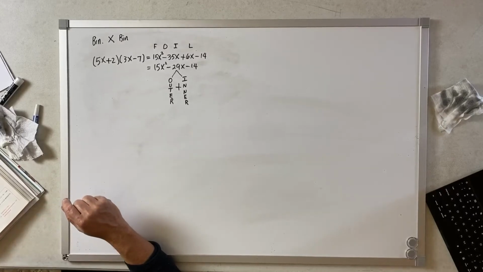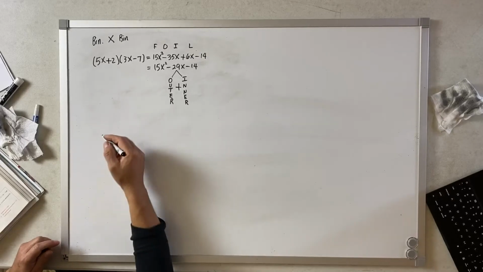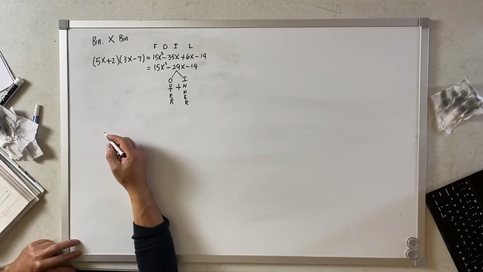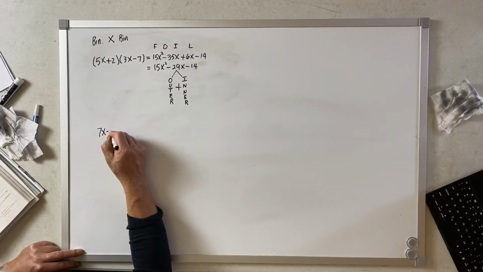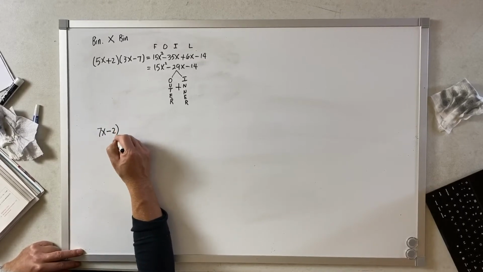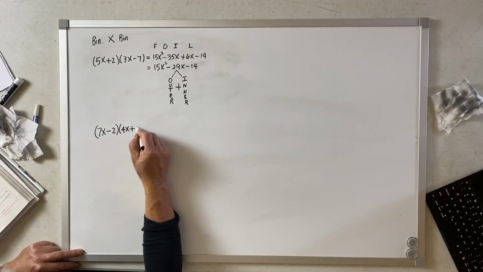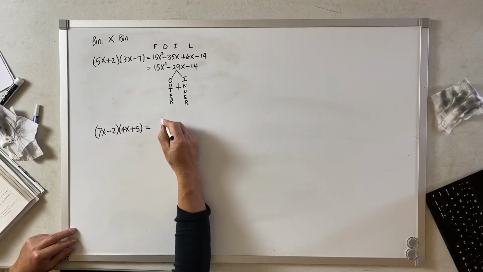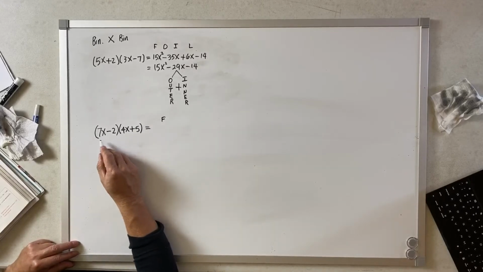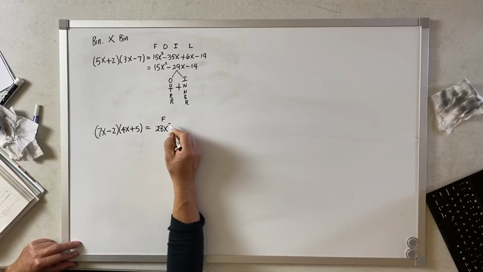Okay? Here's another one. Do this one. 7x minus 2 times 4x plus 5. Well, what's first? 7x times 4x, 28x squared.